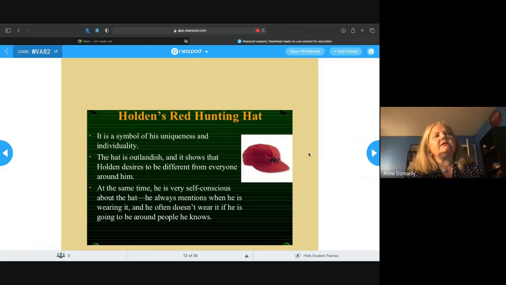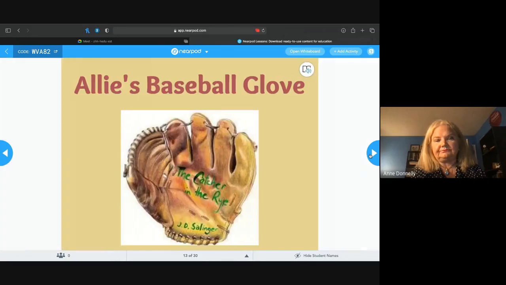Holden wears it because he knows people are going to be talking about it, and he kind of likes to be the center of attention. He doesn't like to be like everybody else. But in another way, he wishes he were like everybody else because everybody else's life seems to be humming along, while his is not doing so well.